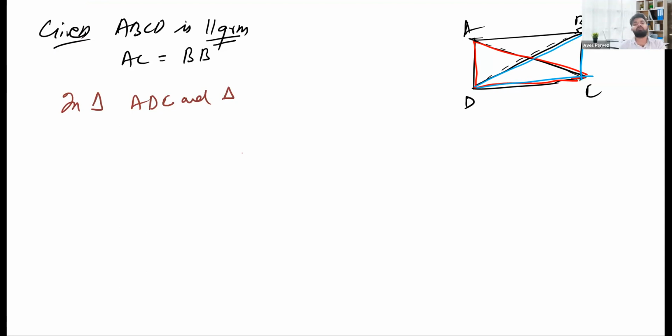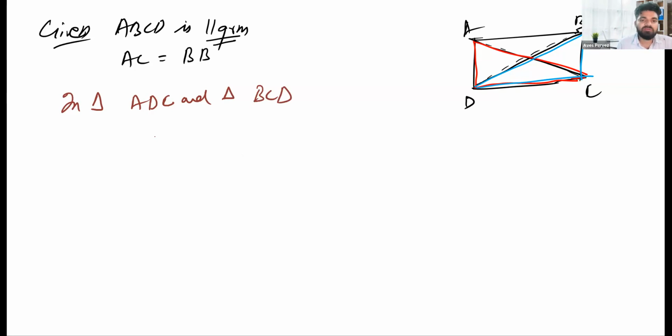The name of the other blue triangle will be BDC or CDB. What should be its name? Tell me, we don't have all day. Sir, BCD, triangle BCD.